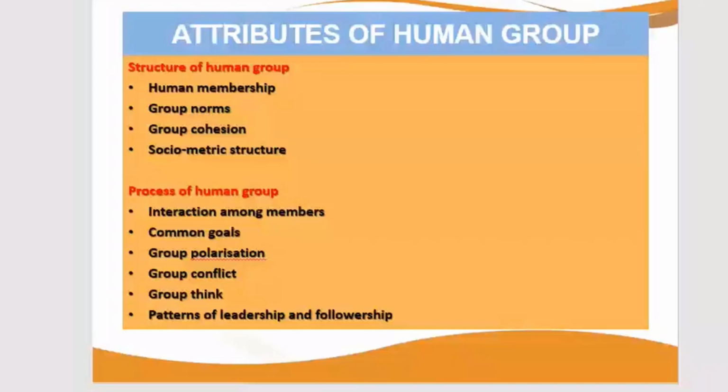Then let's start with group polarization. The group polarization is defined as a tendency of group members to shift towards a more extreme position than those they initially held. Then they break it down using an example. They say, let us say that you are part of the group assigned to make a presentation.